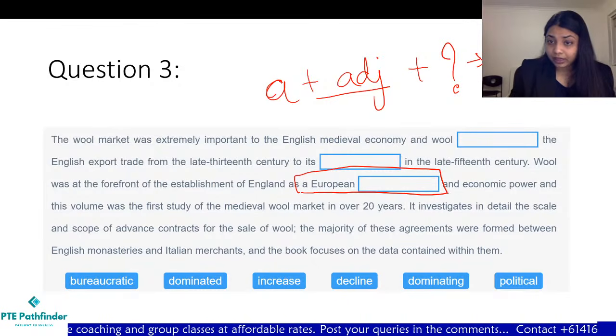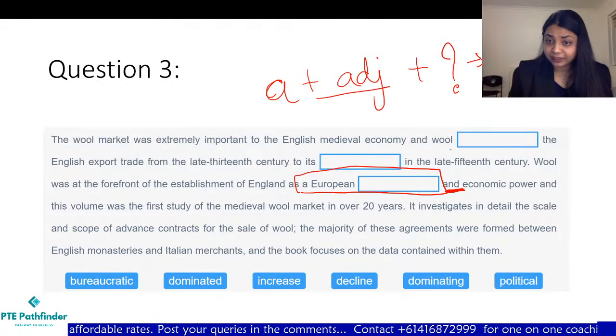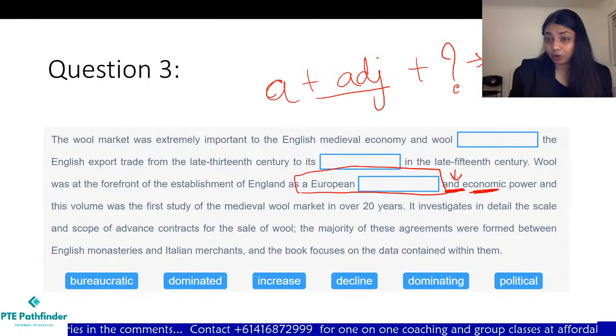If you look at the blank and the words after it, we have the word and, and after that we again have economic, right? So as European dash and economic power.